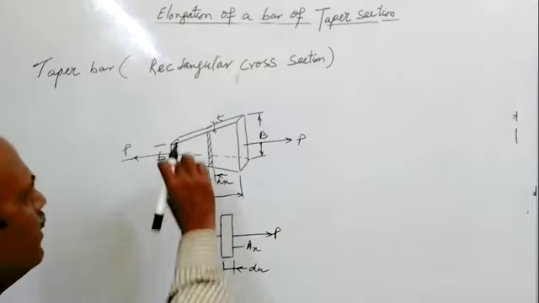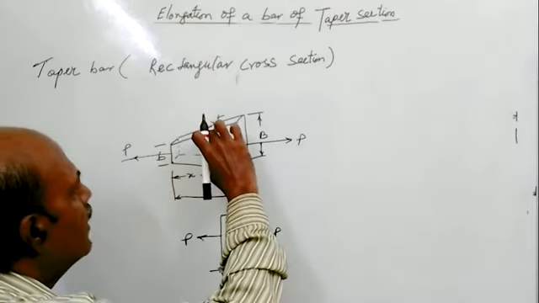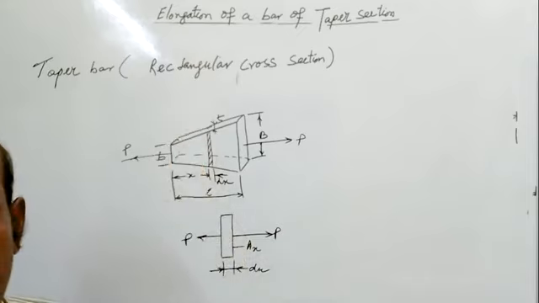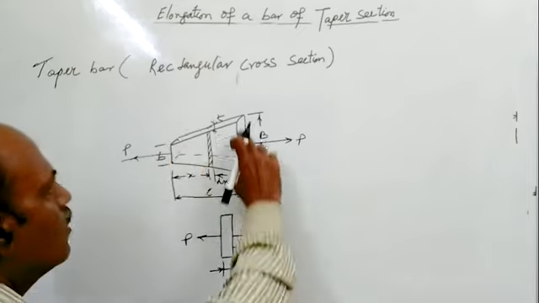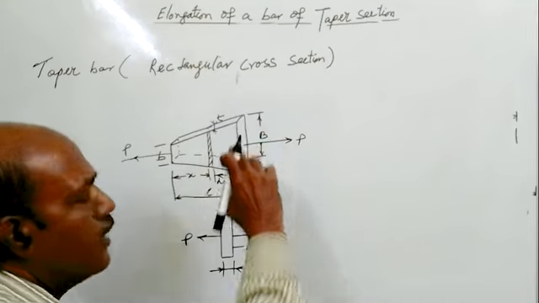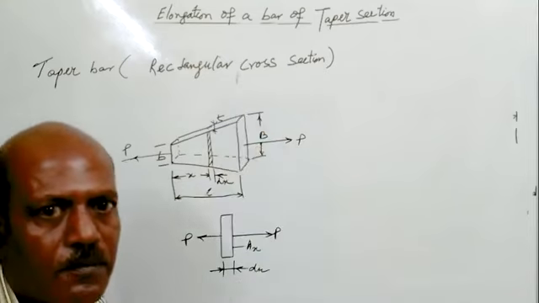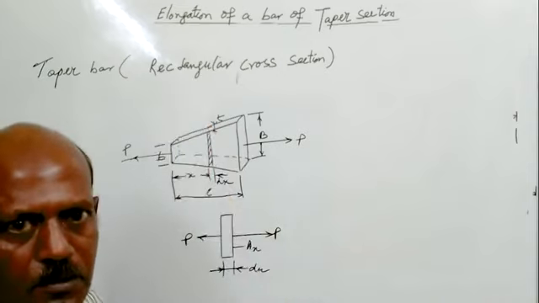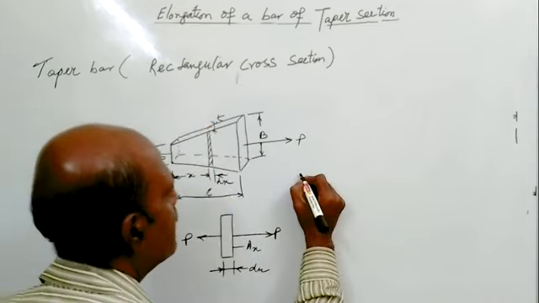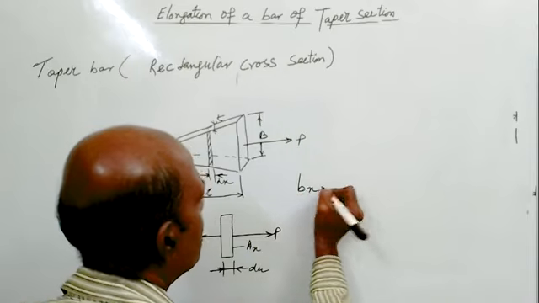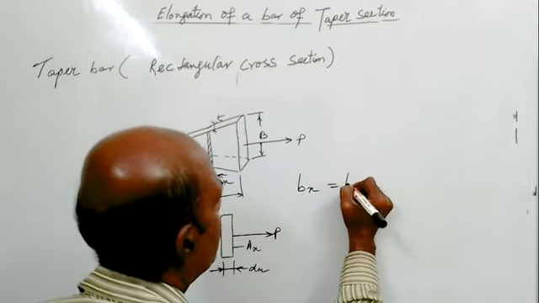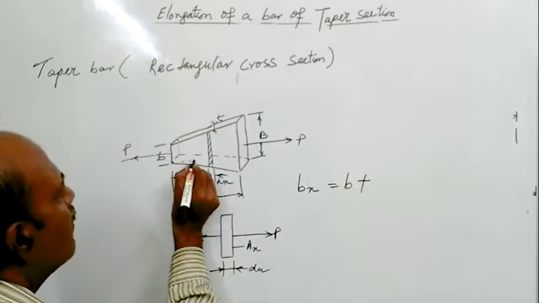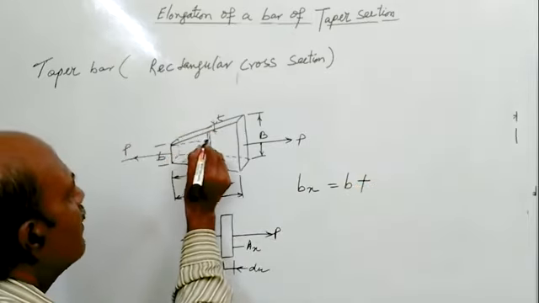Now we find the width of the element, because the width at the left end is small b, and the width of this bar at the right end is capital B. So what is the width at a distance x from the left end? Say it is given by Bx. Bx will always be greater than b, so we can write b plus some increment. What is that increment?